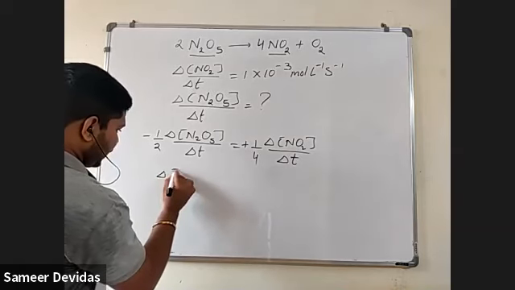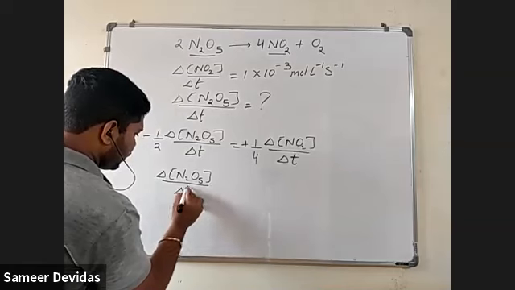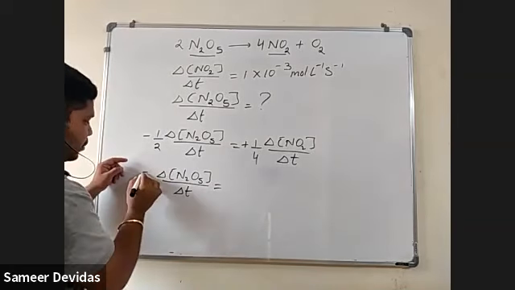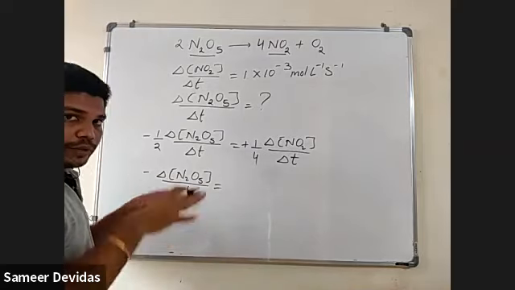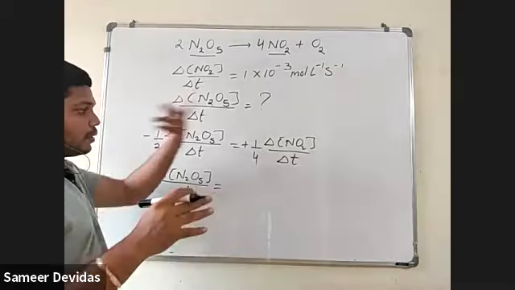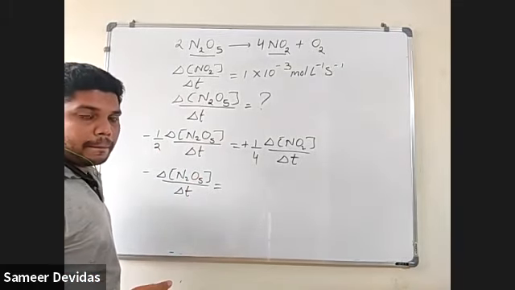Now we want only this. So delta N2O5 upon delta T. Again, minus you keep as it is because this is a reactant. Obviously, it will decrease. 1 upon 2, we don't want this side, so we'll take it to the other side. Where will it go? Numerator.